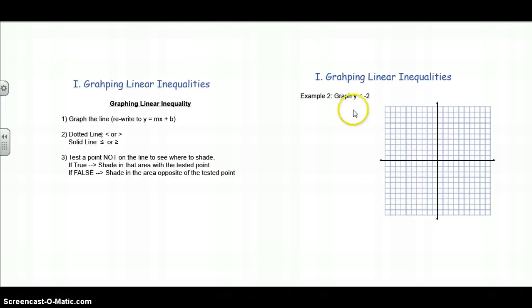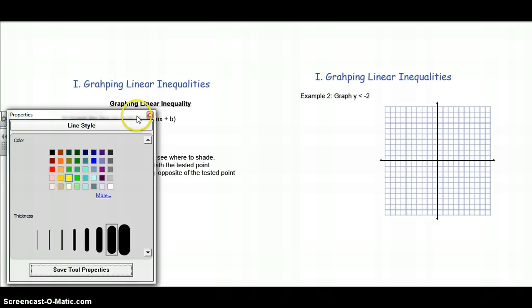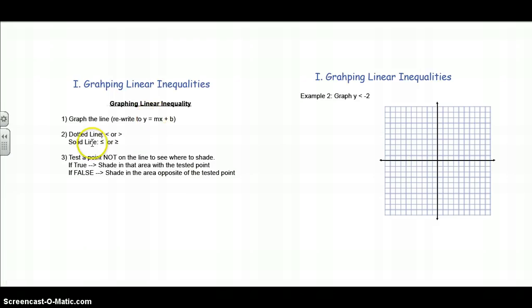So for example, if I had to graph y less than negative 2, I would first write it as y equals negative 2. So if y equals negative 2, I'm going to go on my y-axis, and I know it'll be here at negative 2. I would just draw a straight line here, but then I would check whether it's a less than or a greater than sign.